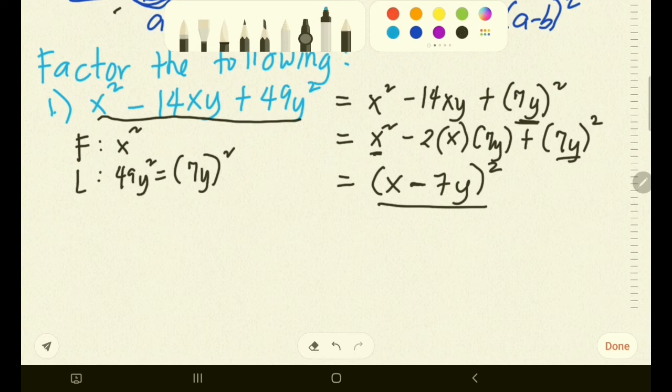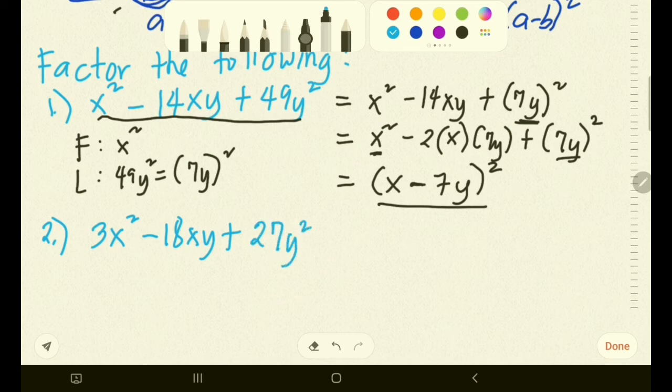Okay, let's have another example. Three x squared minus 18xy plus 27y squared.